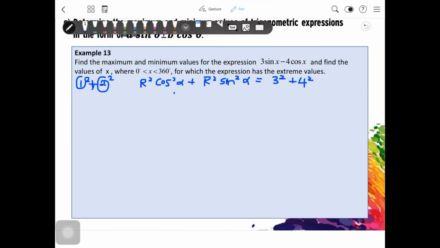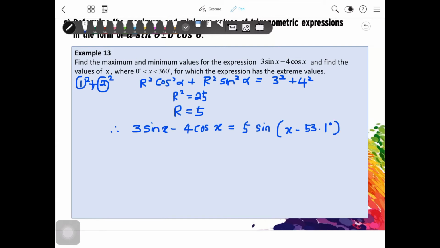If we simplify this, we get R squared equals 25, so R equals 5. Therefore, we have 3 sine x minus 4 cos x equals 5 sine (x minus 53.1 degrees).